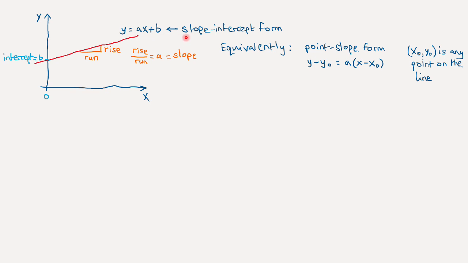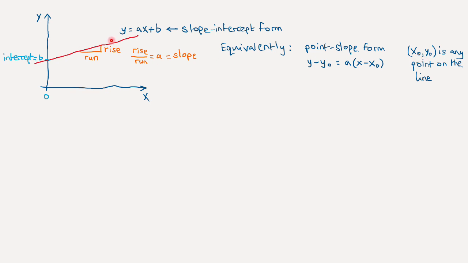Sometimes you'll see a line represented in a different form known as the point-slope form, and this is equivalent to the slope-intercept form, it's just written in a slightly different way. So to find the point-slope form of an equation of a straight line, we just pick any point along the line. And so I'm going to represent that here with x0 and y0.